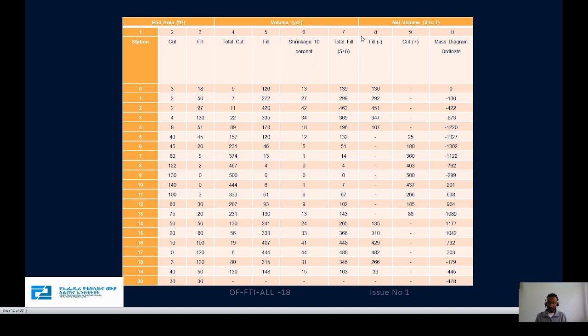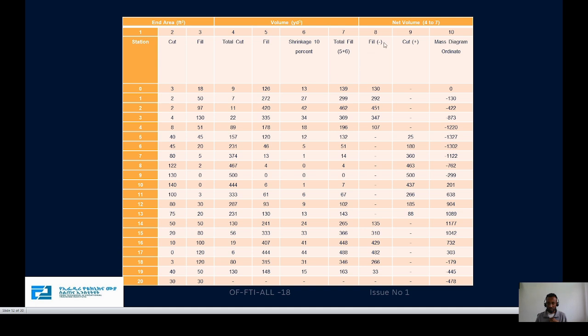Last time we discussed up to columns 8 and 9. Today's video also deals with the net volume and the aggregate volume.